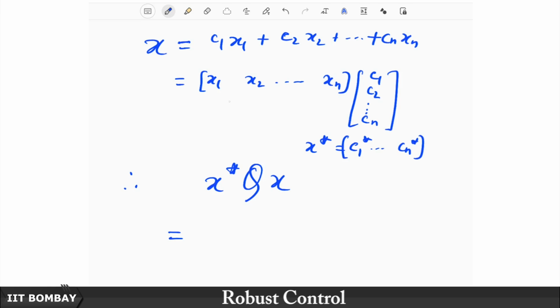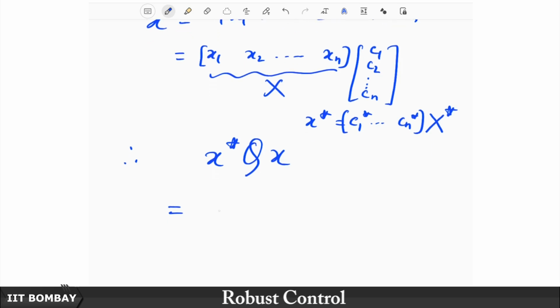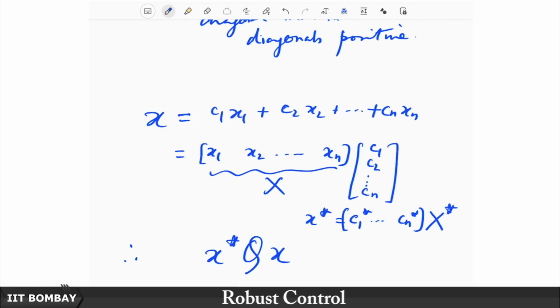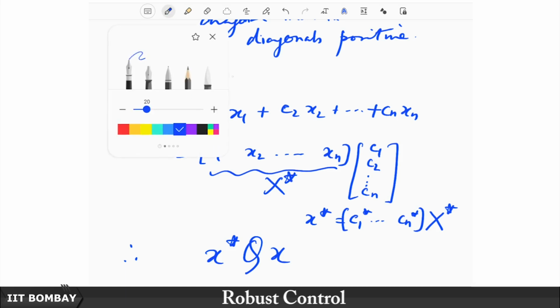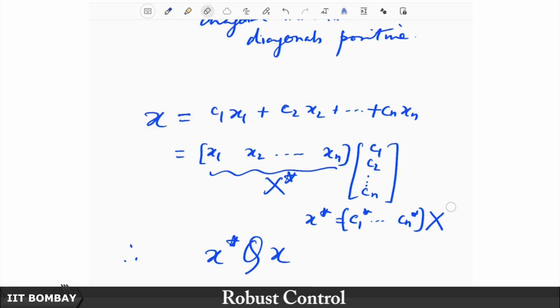This was x times the vector c, now it becomes c star, the row vector times x star. So, this is going to be what? C1 star, yeah. It really matters not, but just to be clean on these calculations, this is not really a big deal, as you might see.